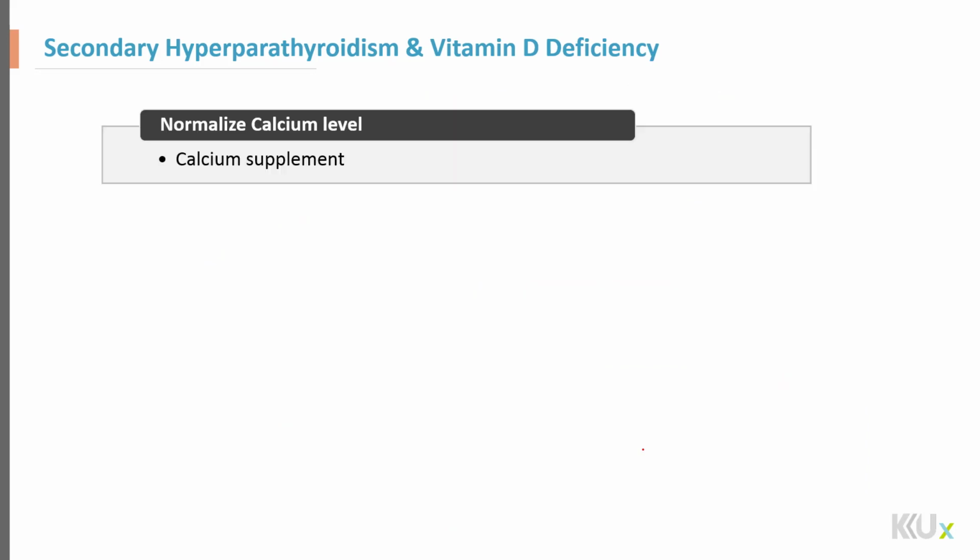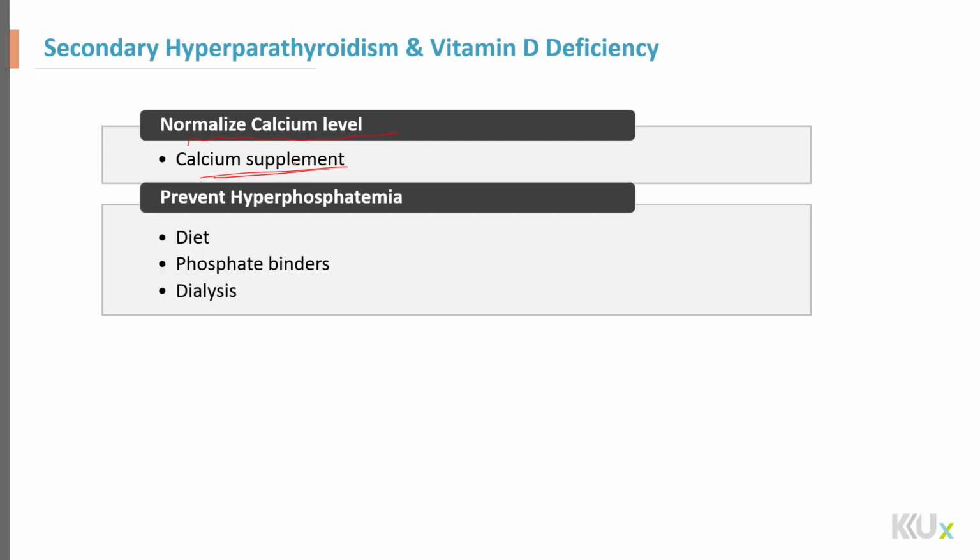How to treat this problem? First, normalize calcium level by giving calcium supplements. Any calcium supplements like calcium carbonate, calcium citrate. Second, prevent hyperphosphatemia. How? By diet, to decrease the phosphate in the diet, and by phosphate binders.